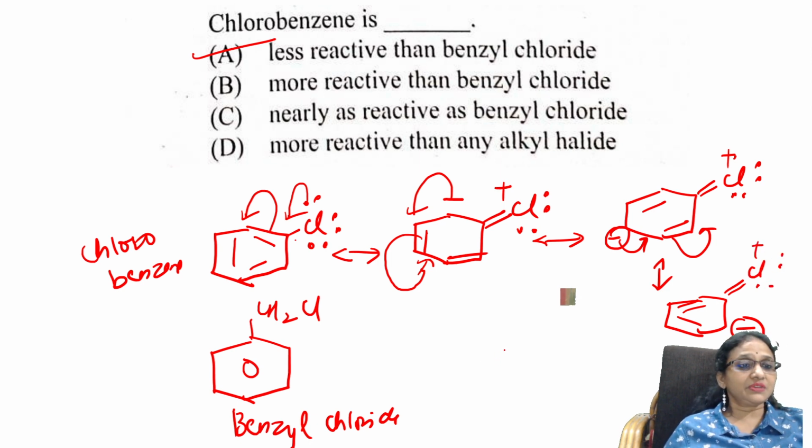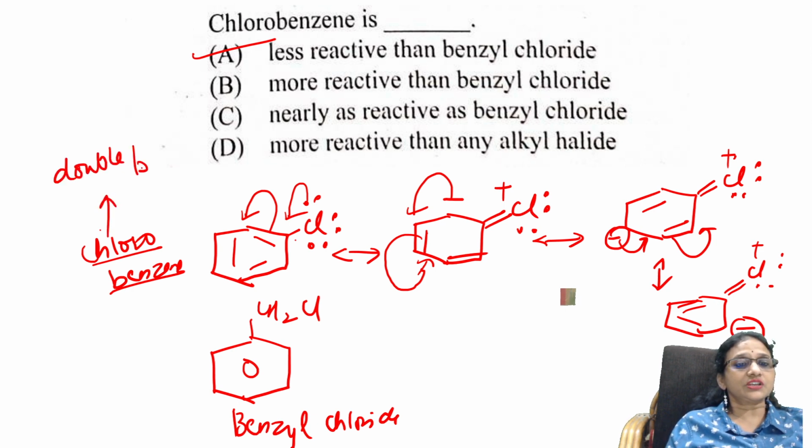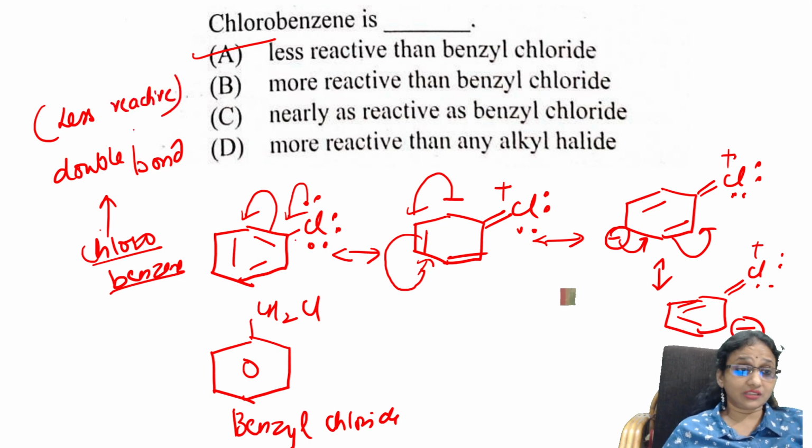Now, tell me here in chlorobenzene, whatever electrons are there on chlorine, they get involved in resonance with pi electrons. So in chlorobenzene, you'll be getting a double bond. Correct. So it acquires a double bond character. So when it is a double bond, I said it is less reactive because I have to use more energy to break the bond.